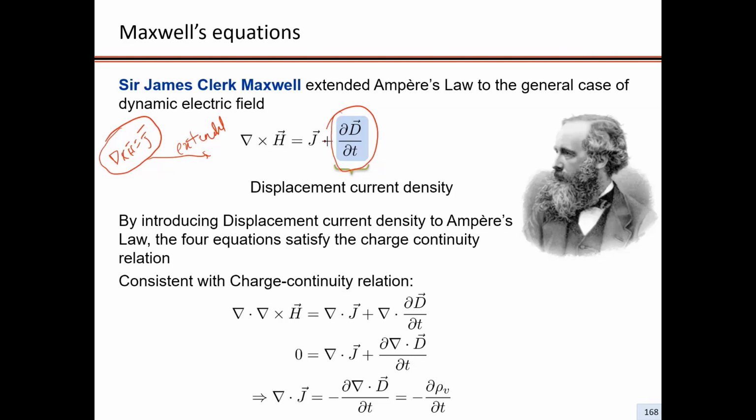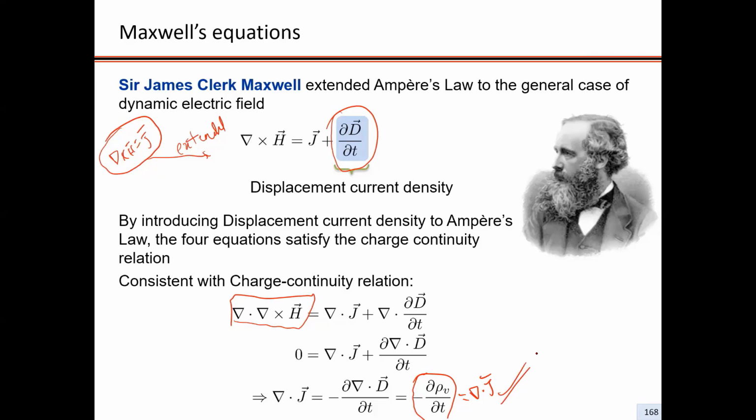When I add that new term and take the divergence of the curl of H, I end up getting the charge continuity equation naturally. The divergence of J is equal to this. So the charge continuity is valid.